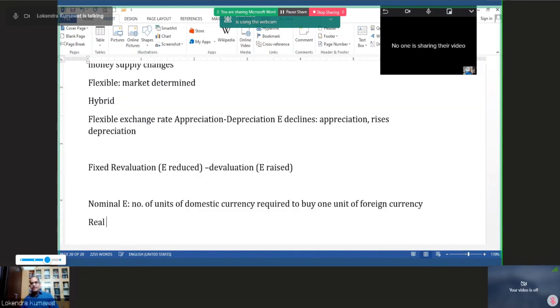A real exchange rate is in terms of units of commodity.